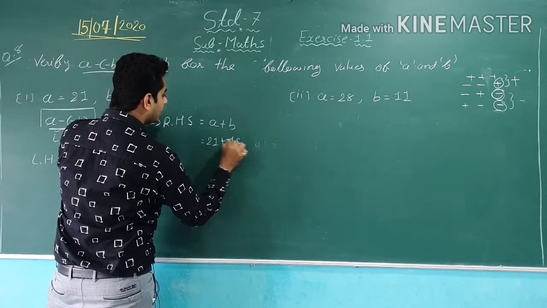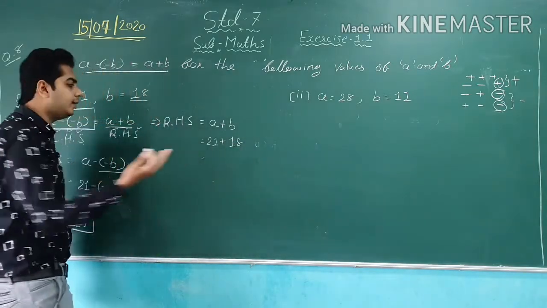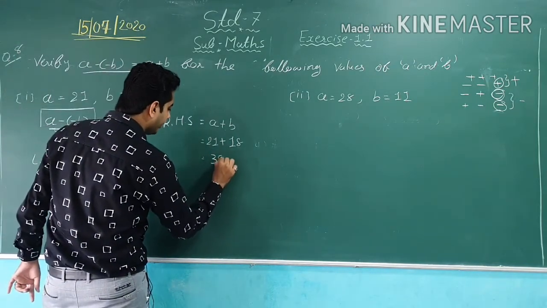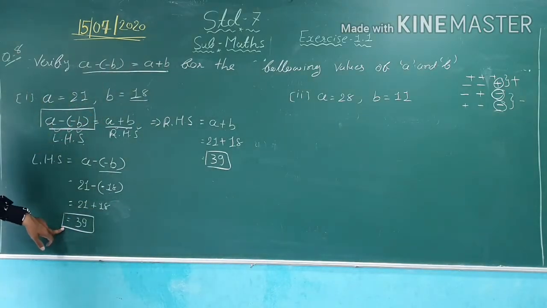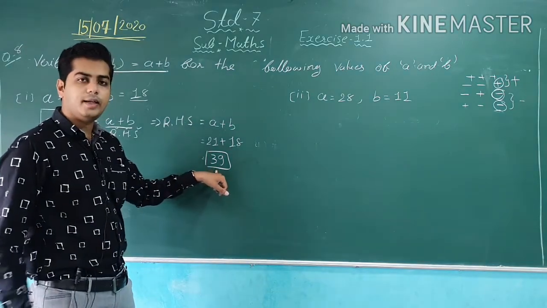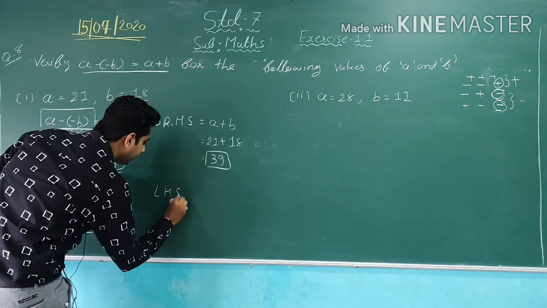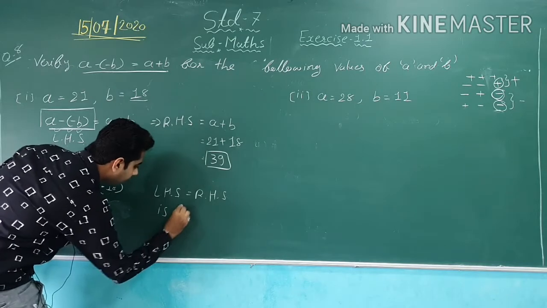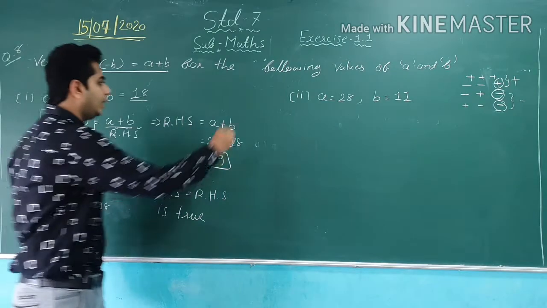Here it is simple, कुछ भी चेंज नहीं करना है, कुछ भी ऐड नहीं करना है, कुछ भी सब्ट्रैक्ट नहीं करना है, कोई साइन चेंज नहीं करना, सीधा एडिशन करना है. 21 plus 18, already we know, is 39. So here see, we did the left hand side and got 39. If we did the right hand side addition, still we got 39. So you can say that left hand side is equal to right hand side is true. ये सही है, it is true.